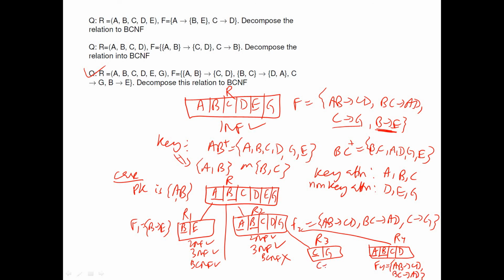R3 will contain C to G, that is F3. So now this is present in BCNF, this is present in BCNF. Right, students? So after BCNF I am getting R1, R3, R4. If I consider the primary key as BC also, I can check that.